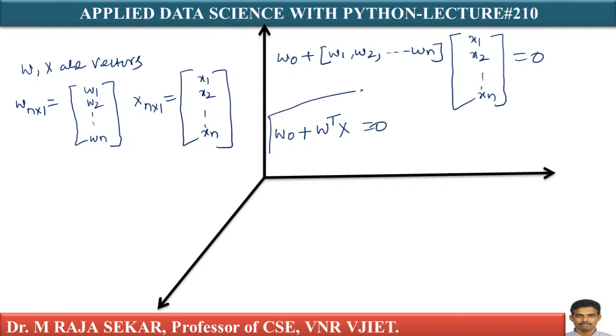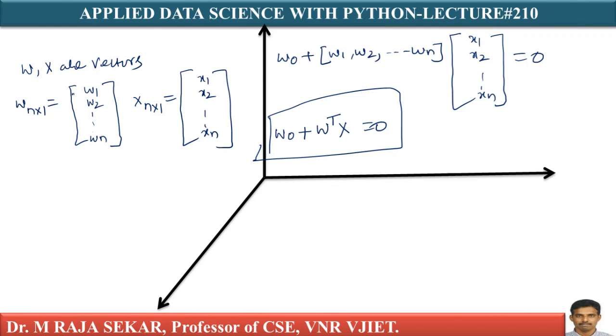This is one important form. I have just copied w0, since w is a column vector. W is a column vector. I need to convert it into a row vector, isn't it? How can I convert it into a row vector? I just applied transpose.